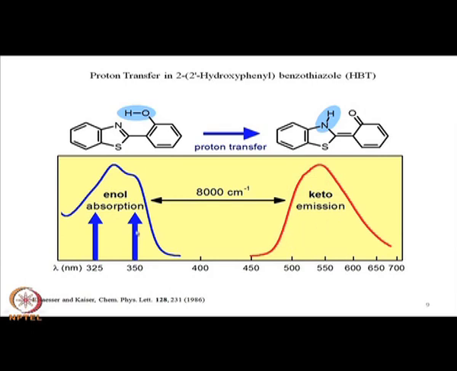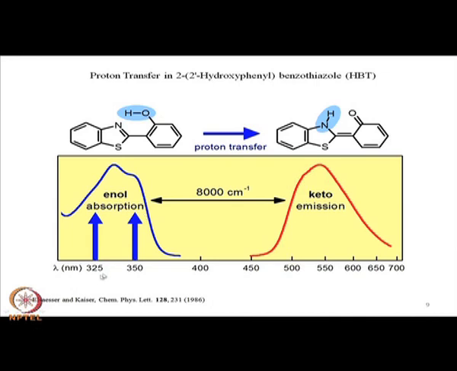So, you see that this is hydroxyphenyl benzothiazole. This is your enol form and this is your keto form, and this is your enol absorption spectra, and this corresponds to the keto emission spectra, and there is a huge shift here.